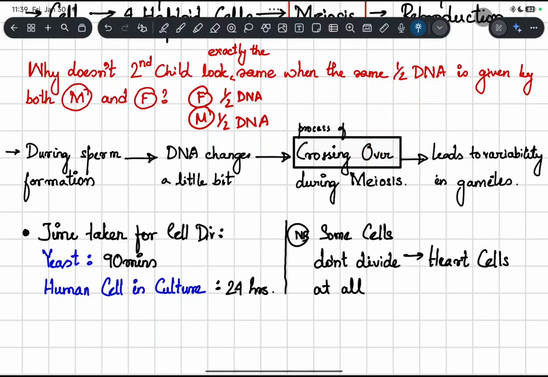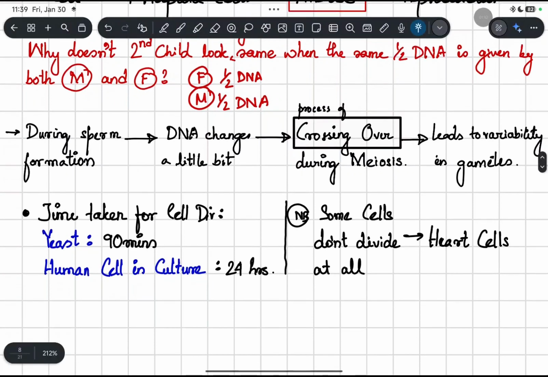But that doesn't usually happen, as we have seen. That is because of the concept of crossing over. The child does not look exactly the same because of crossing over. What happens is, every time during sperm formation, the DNA undergoes a little bit of change, right?